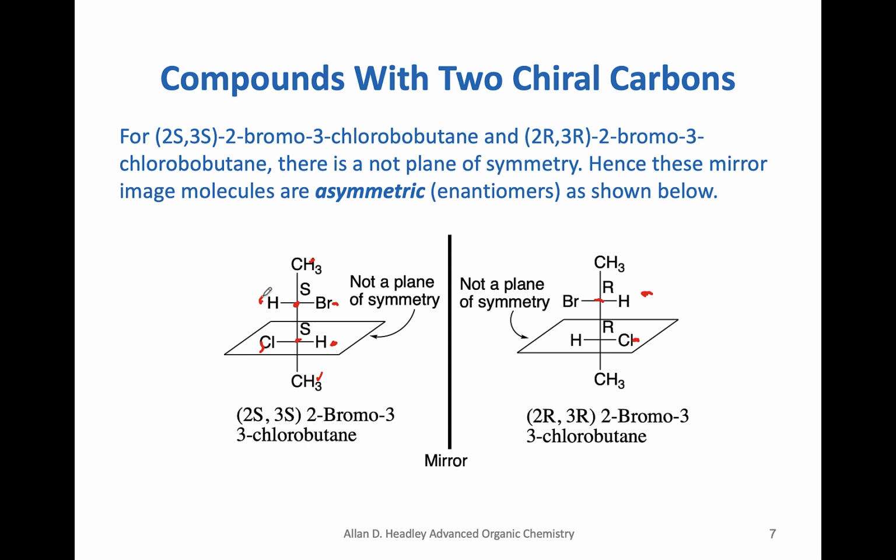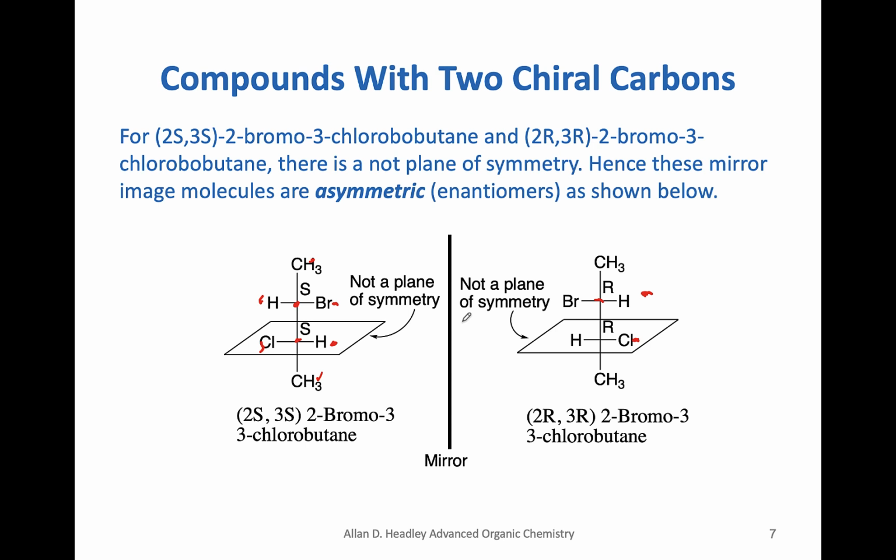So just to refresh your memory, enantiomers are mirror images of each other that are not superimposable. So these are mirror images of each other, and they are not superimposable. We can add another criterion here, in that they do not have a plane of symmetry. So in other words, asymmetric compounds or enantiomers, they do not have a plane of symmetry.